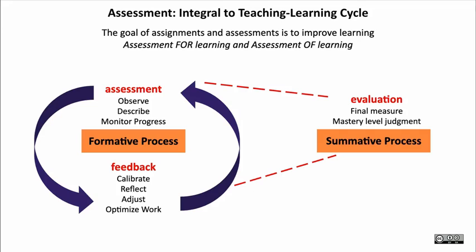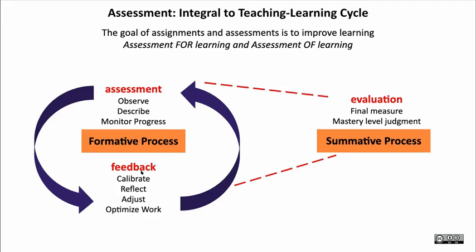So if the big goal is to improve learning, then on the left side here, we're doing a lot of formative work, assessment in order to build the learning. So observing, describing the learning, and monitoring progress. Think about it. Is this only the teacher, or can you create assignments where the student is doing this? Like peer review is one.